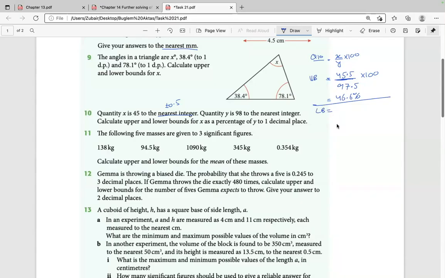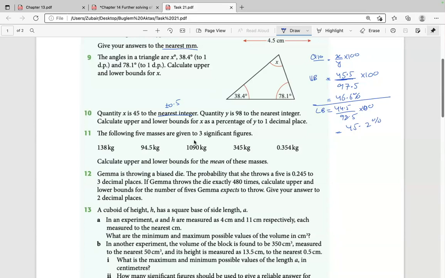And the lower bound is 44.5, that's right, and then divided by 98.5 times 100 is 45.2%.